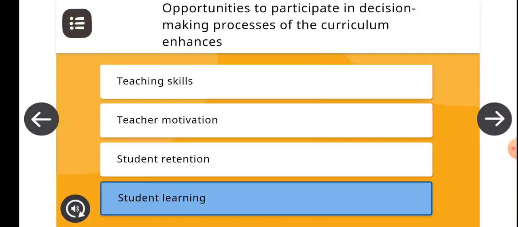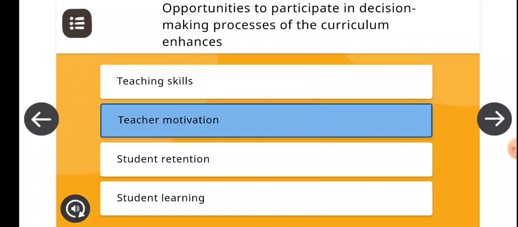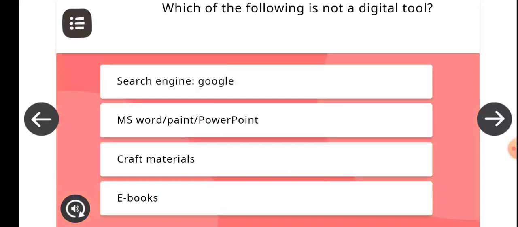This entire test is about the teacher, not the student. If you get any opportunity to participate in the decision making process, definitely it will motivate you. So teacher motivation is the right answer.